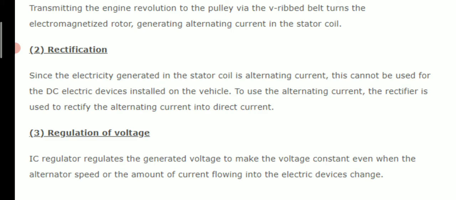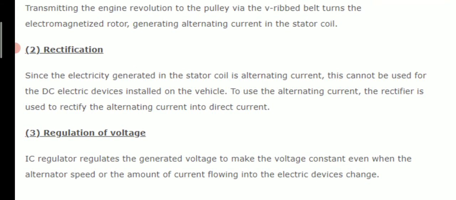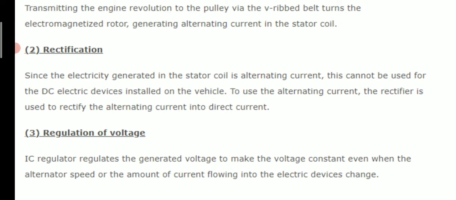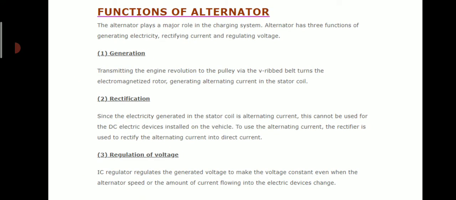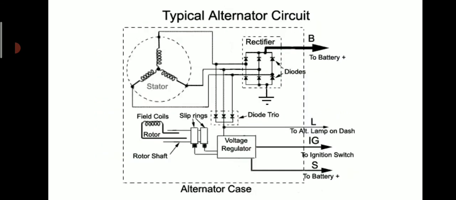To use it, a rectifier is used to rectify the alternating current into direct current. Number three, regulation of voltage. The IC regulator regulates the generated voltage to keep it constant even when the alternator speed or the amount of current flowing into the electric devices changes. So these are the three main functions of the alternator.